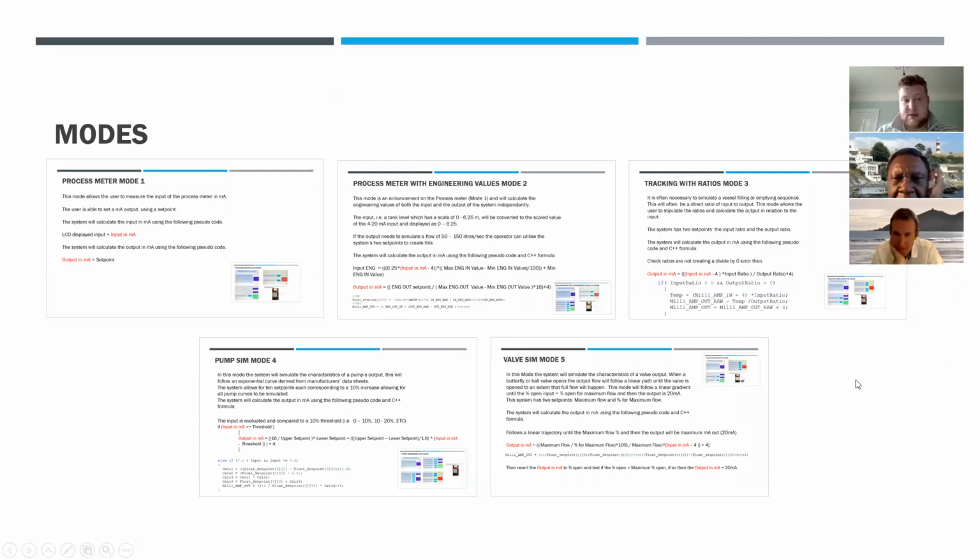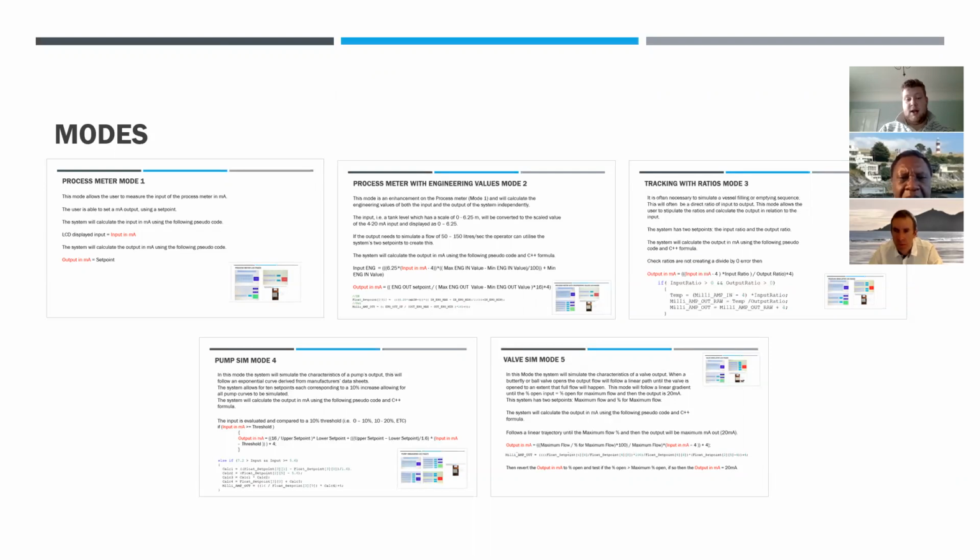So the first 2 modes, the process meter mode 1 basically acts like a DMM. The process meter with engineering values is the exact same as mode 1. However, it uses engineering values, which is what the actual industry uses. It uses a value from 100 to 0 instead of 4 to 20 milliamps, so 100 being 20 milliamps, and 0 being 4 milliamps. Tracking with ratios follows the input signal via a ratio.